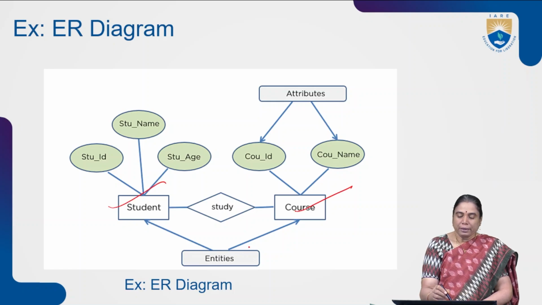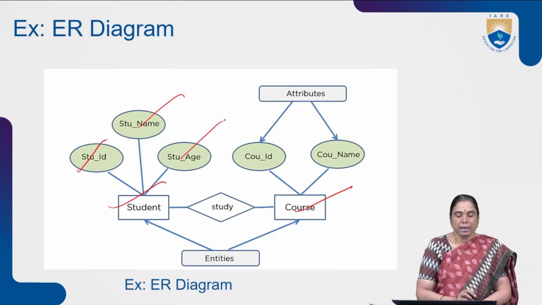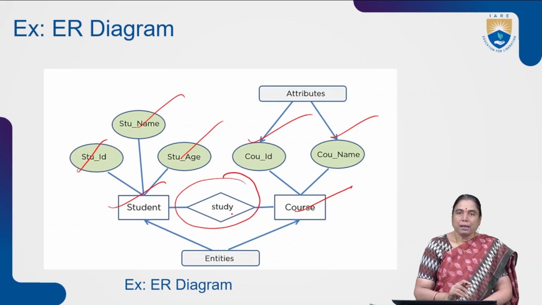These entities have attributes, or the data upon which these entities can be operated. Like the student can have the attributes student ID, student name and student age. For the course, the attributes are course ID and course name. How these two entities are related is represented as a relation of study: student studies course.